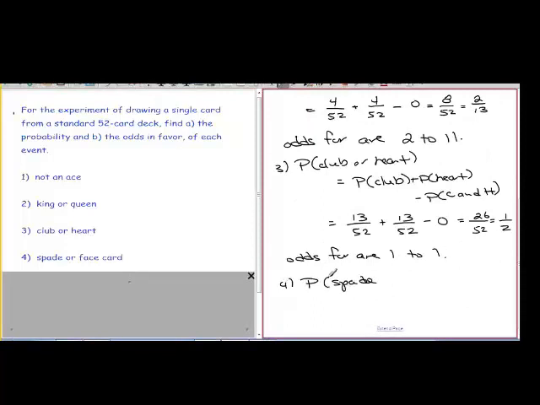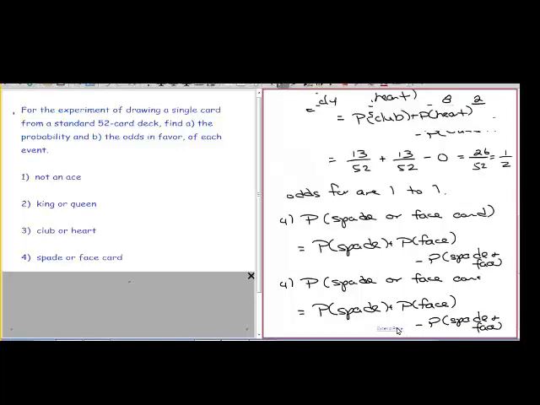So the probability of being a spade or face card. So you take the probability of being a spade plus the probability of being a face card minus the probability of being a spade and face card.